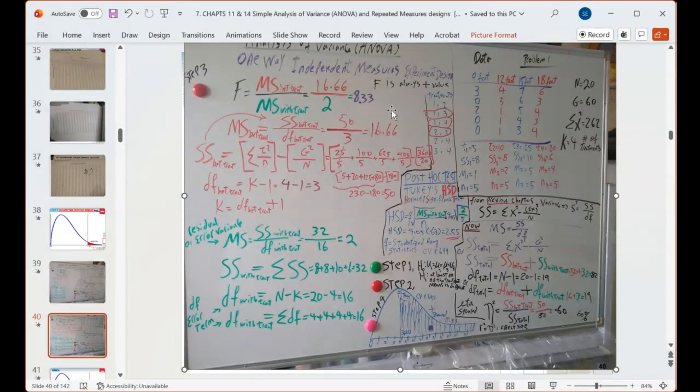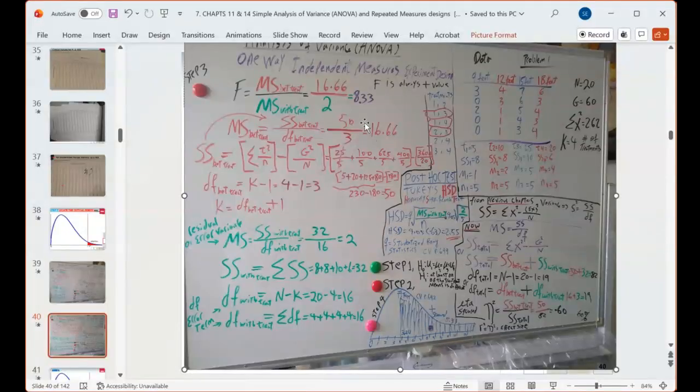Just like when we did the same thing with T and Z, that was calculated. So our calculated ANOVA is that. Our critical value for ANOVA is 3.24. We looked it up. So what does that mean?